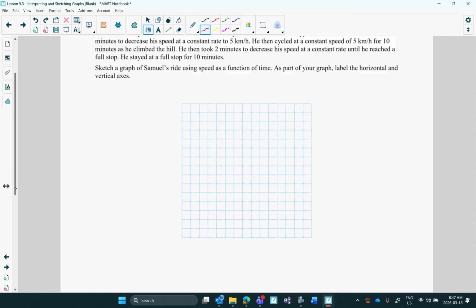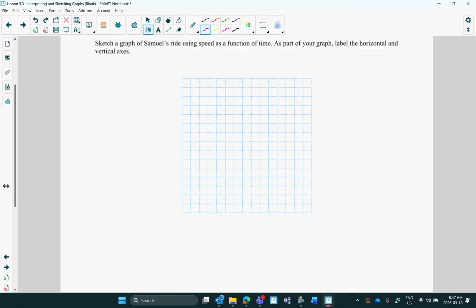Well, usually in situations like this, the horizontal axis is going to be time. And because everything was described in minutes, we're going to put it in minutes. What would the vertical axis be?